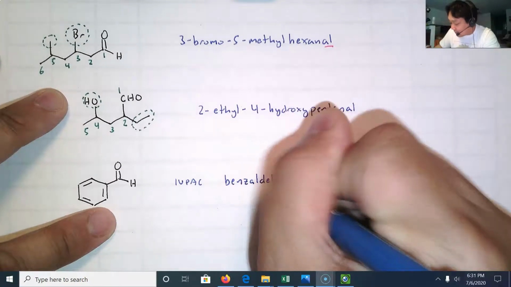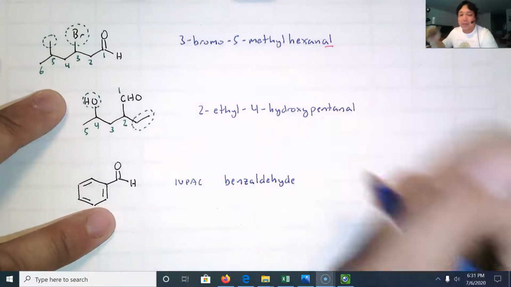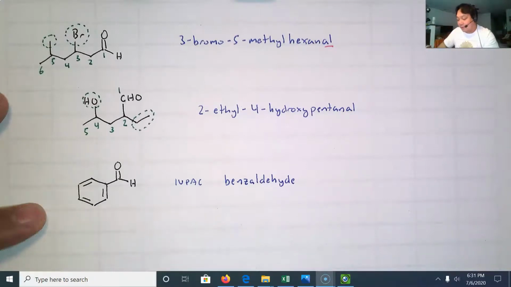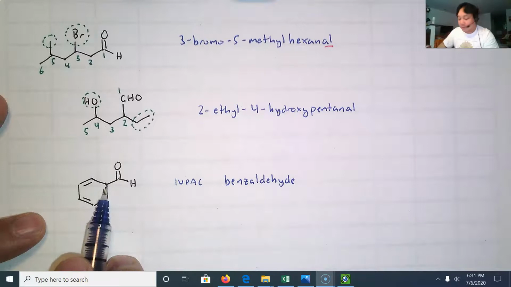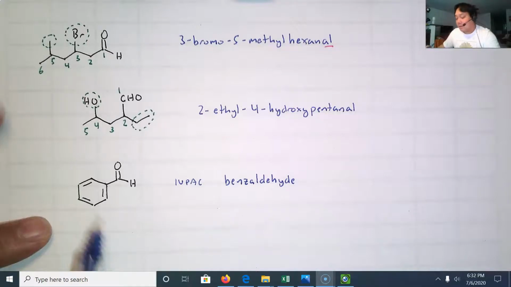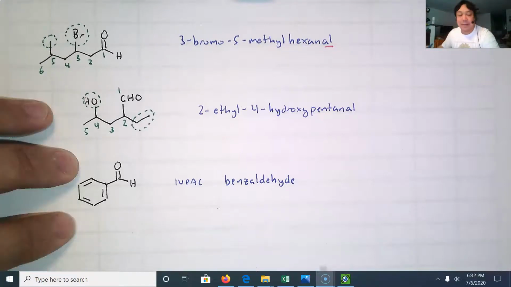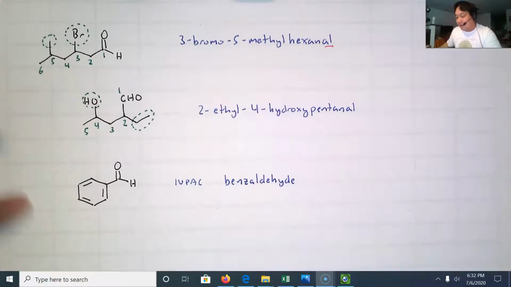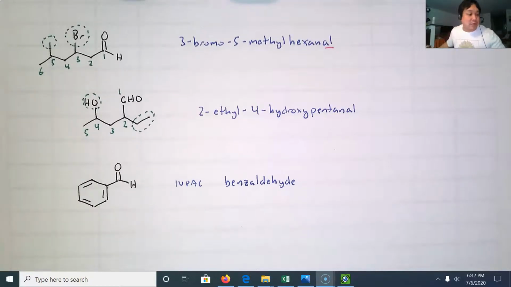This is the IUPAC name. And when we start putting substituents, for instance, a methyl group right here, this is carbon number 1 automatically. So if there's a methyl group here, we have 3-methyl benzaldehyde. We'll talk more about molecules that have benzene much later in the course, but that's as far as I want to go with nomenclature.